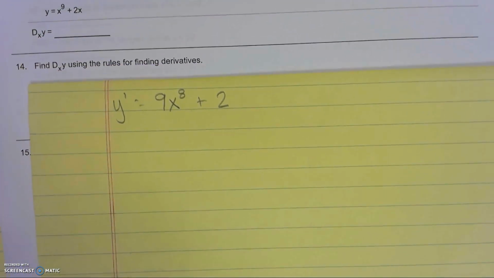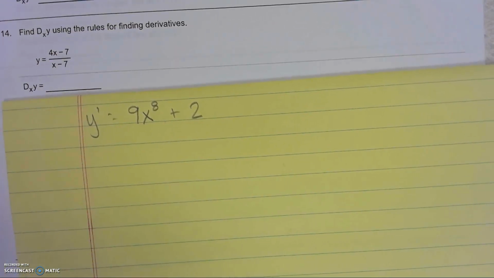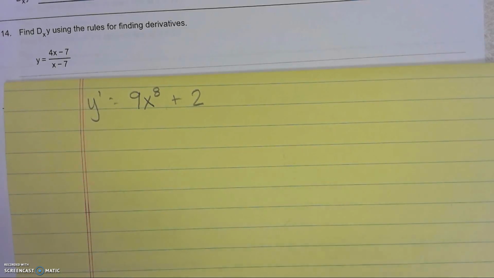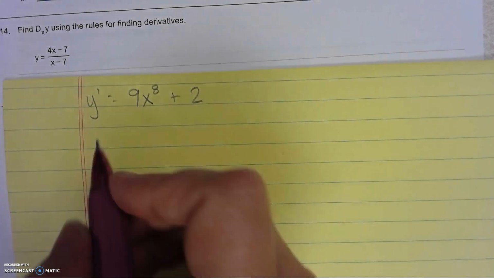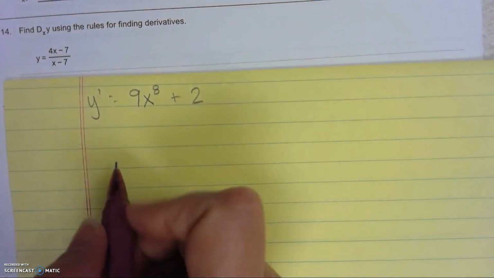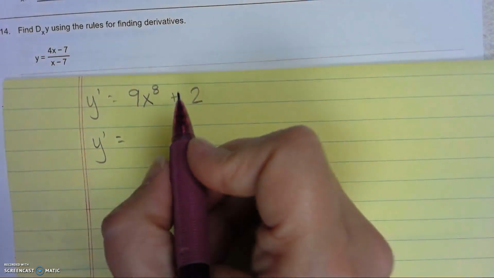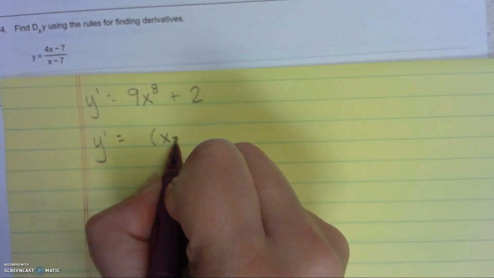All right, looking at the next problem. All right, this is a quotient. I'm dividing, so I want to use the quotient rule, which remember is low d high minus high d low over the low squared. All right, so for this one we'll say low, which is x minus 7, or the bottom, times the derivative of the top.